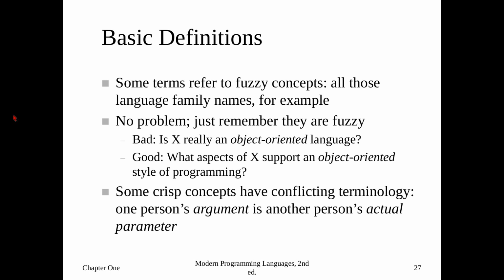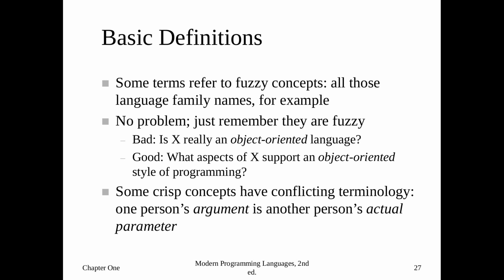I see this one all the time when people are talking about JavaScript. Is it really object-oriented? Well, it's sort of object-oriented, but it depends on what you call object-oriented. If you limit yourself to only class-based objects, like in Java or C#, then no, it's not object-oriented. If we open it up to including prototype-based object-oriented systems, then yes, of course it is.